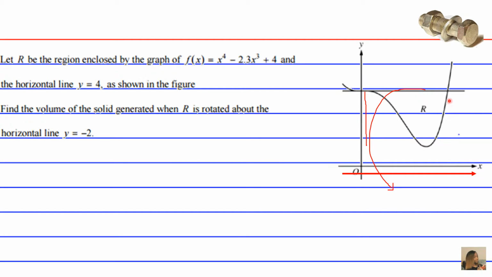But first we're expected to set the equation y equals 4 equivalent to f of x. The reason we're doing that is to find the bounds, or the limits, of integration.